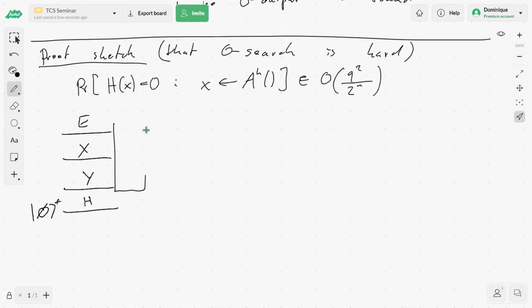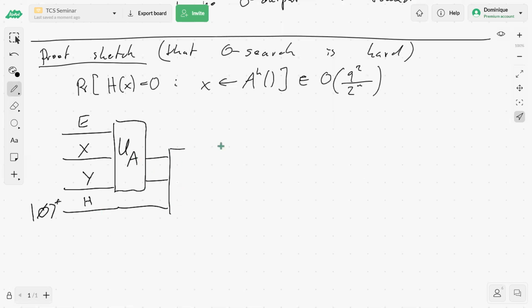And then the adversary can execute UH, some unitary operation that it wants to choose. So it depends on the adversary. We don't know what UH does, but we know it does not operate on H. And then the adversary performs an oracle query.